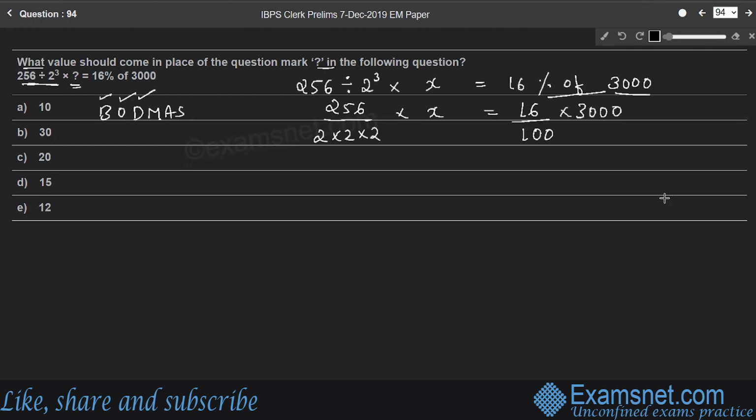Therefore, 256 by 8 is 32. 32x is equal to, 2 zeros get cancelled, 1800. Therefore, x is equal to 480 by 32, which is 15. Right? So in place of the question mark, the answer is 15. Option D.